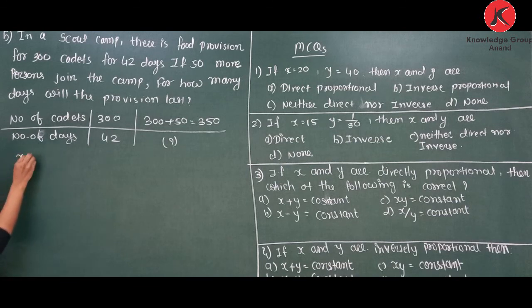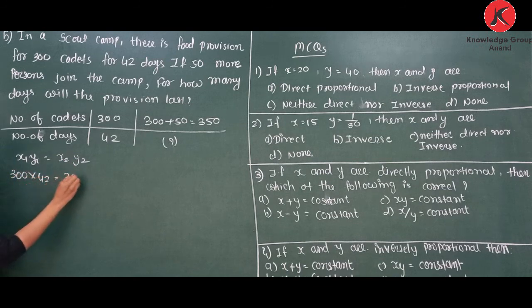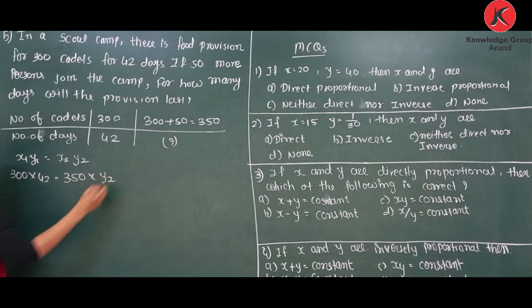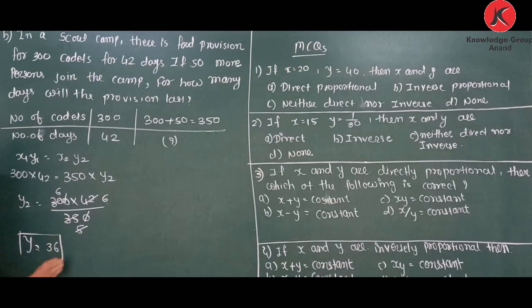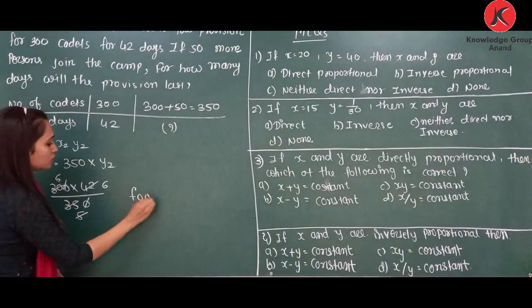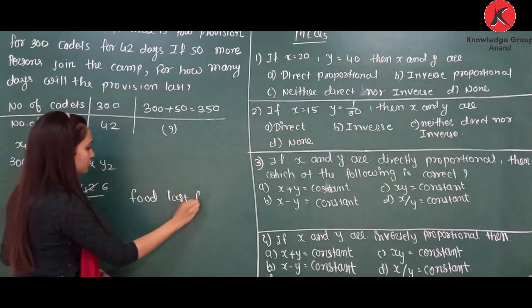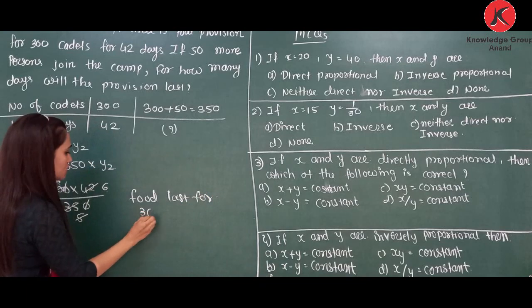Inverse proportion, x1 y1 is equal to x2 y2. 300 multiplied by 42 is equal to 350 multiplied by y2. Take 350 and divide. 6. So y2 will be 36. So we can write the food will last for 36 days.